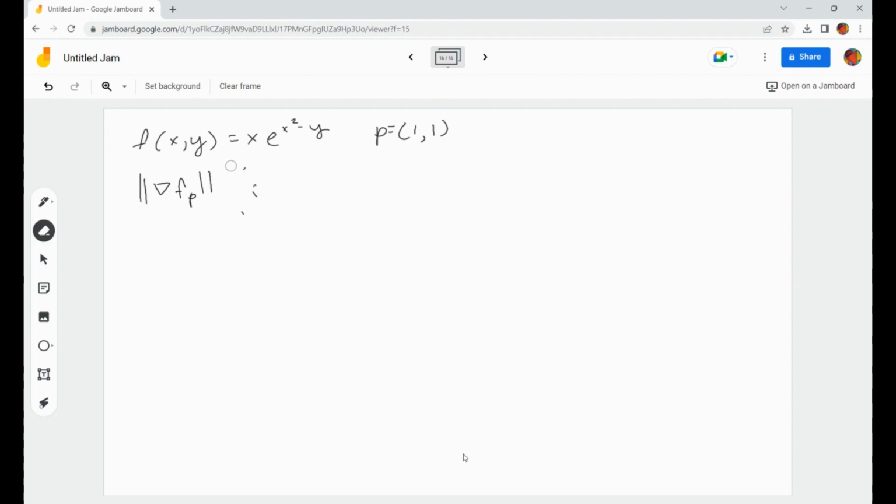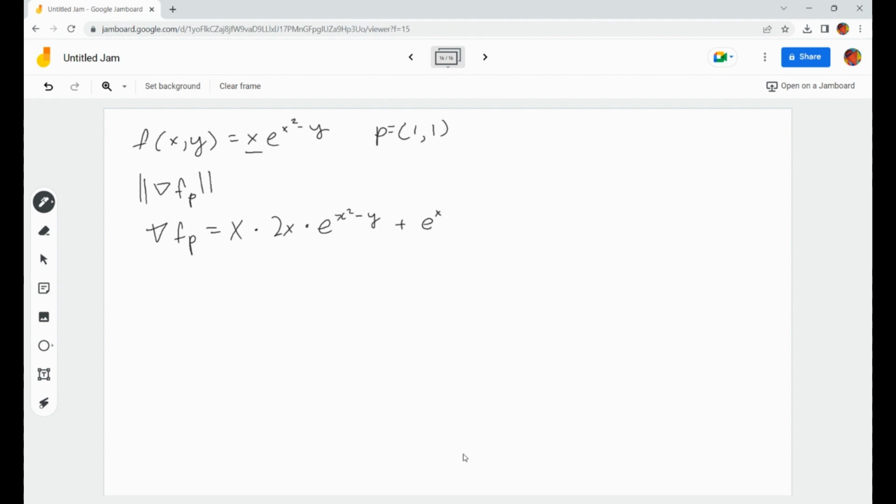Let's erase this and start by doing this first, like a normal man. X goes here first, then E, so it's multiplied by 2x by the e to the x squared minus y. Obviously, the 2 in front is important. And then we just add the opposite.